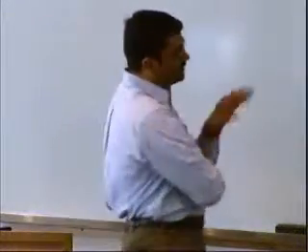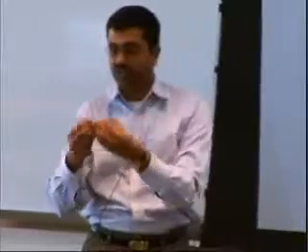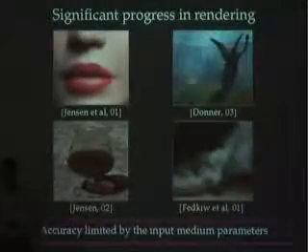But the next topic that I'm going to discuss is this issue of how to get the parameters for these renderings. So for example, what are the optical properties of wine or smoke, for instance, right? What are the numbers that you need to input to your algorithm to get those nice pictures? So typically, the accuracy nowadays is limited by the input parameters itself.